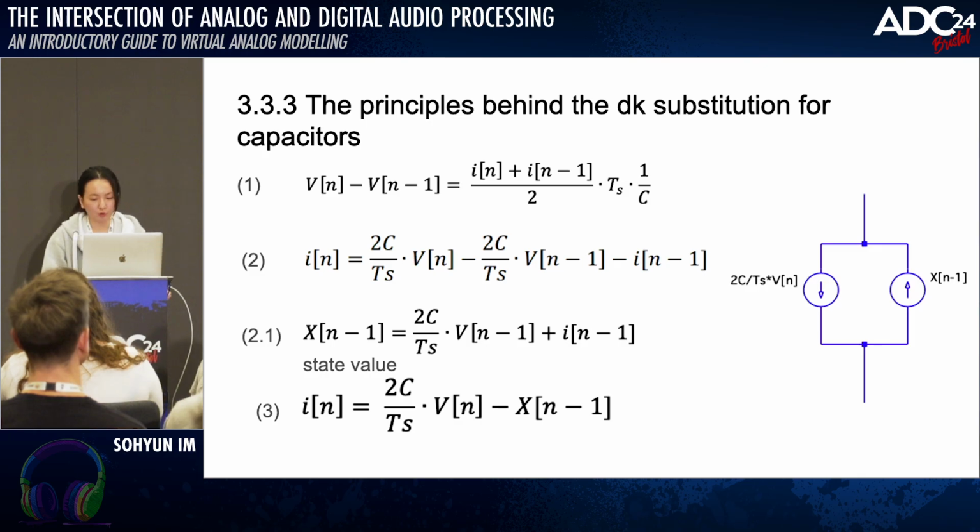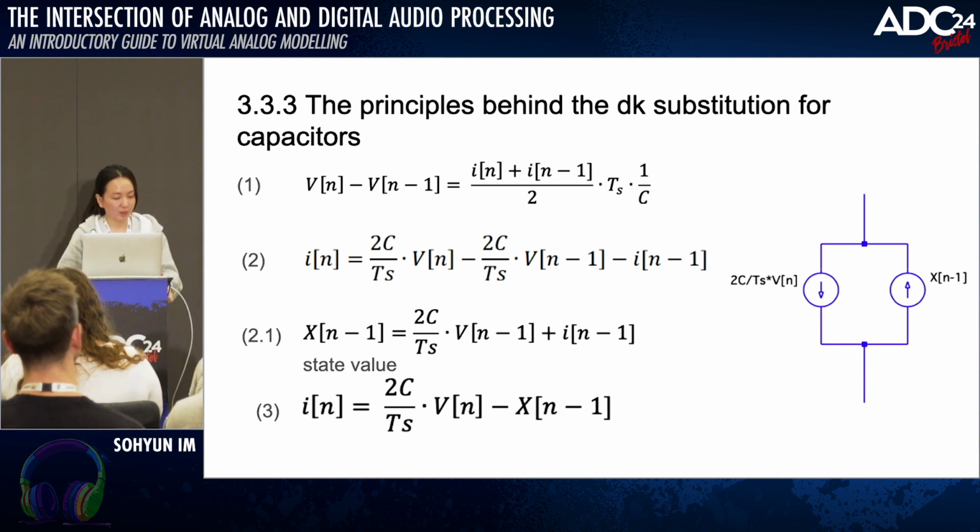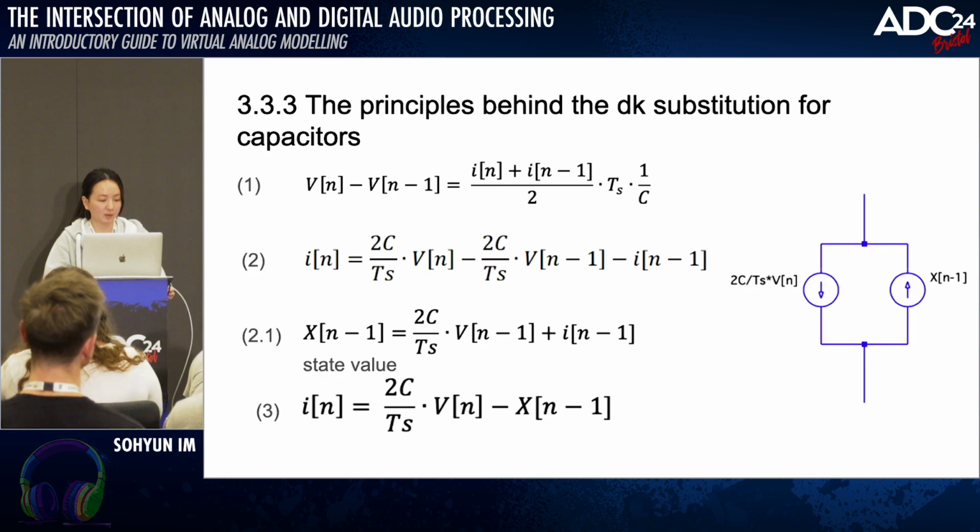Rewriting equation 2 using this state value leads to equation 3. This equation represents the current flowing through the capacitor when the discrete signal n is the input. And it can be visualized as shown in the figure on the right side. The right side figure is about equation 3, because the left-hand side is I, so it's all about the current.